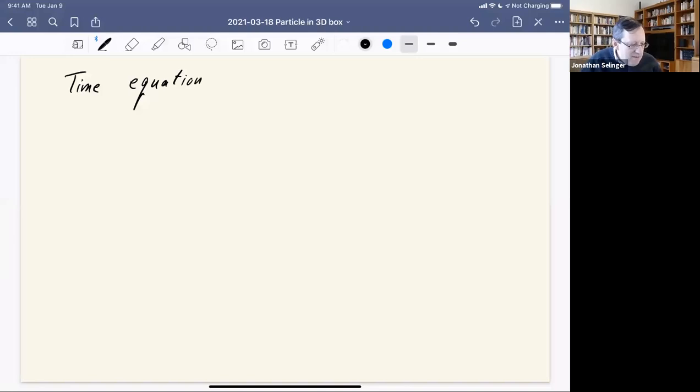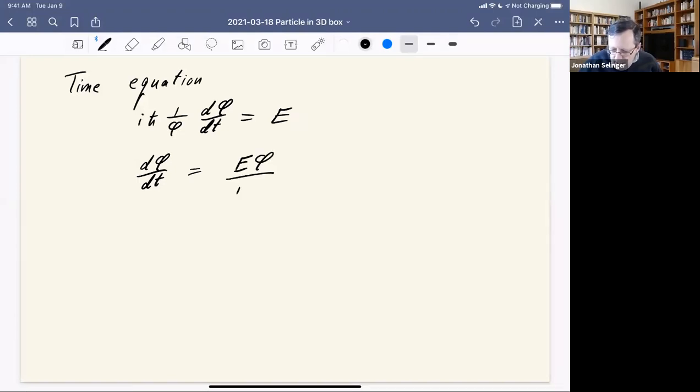We have i h bar times 1 over phi, d phi d time, equal to E. So d phi d time is equal to E phi over i h bar, which is negative i E over h bar times phi.